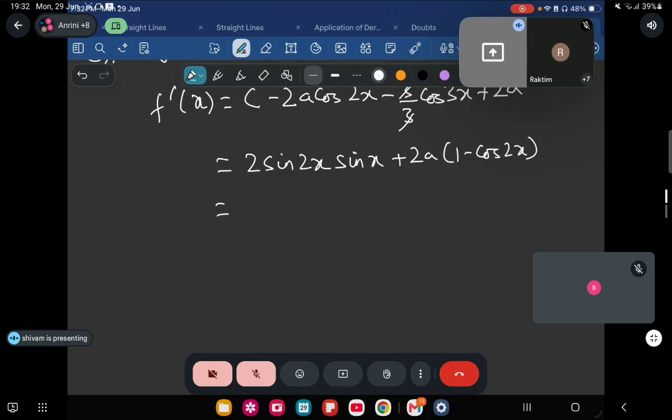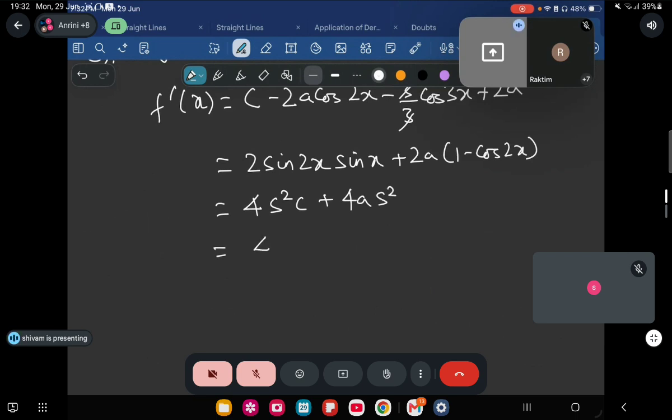And over here we have 2 sine x, sine 2x into sine x. Sine 2x can be written as 2 sine x cos x, so it becomes 4 sine square x cos x plus 2a, 2 into 2, 4a sine square x.